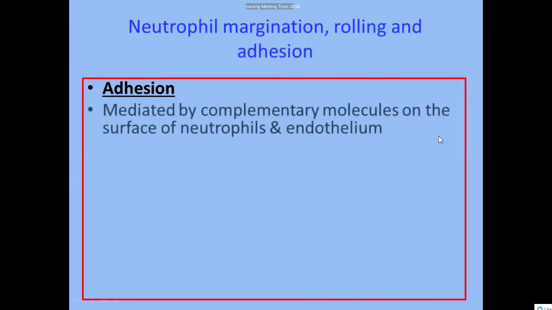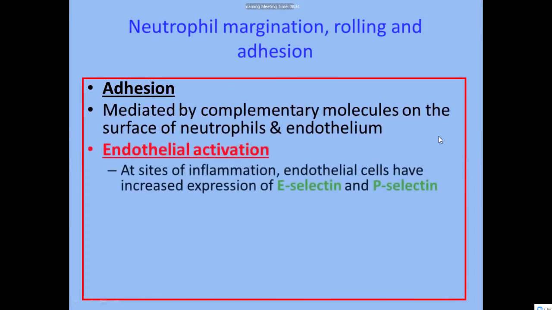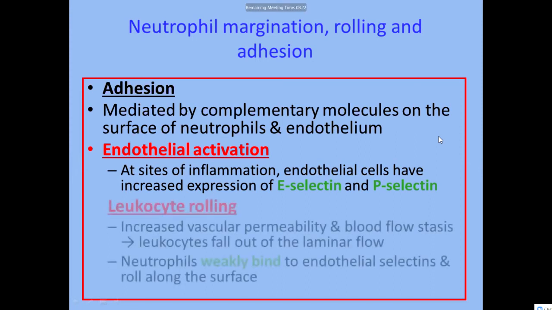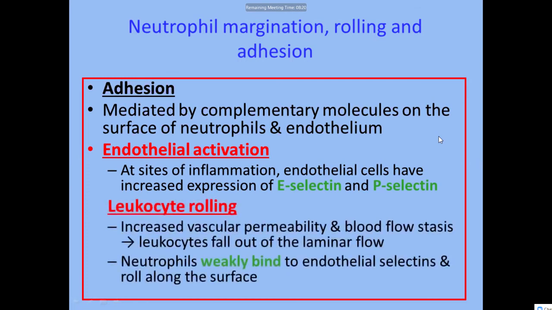So adhesion is mediated by complementary molecules on the surface of neutrophils and endothelial cells. Endothelial activation, this is just a summary of what I have told you. At the site of inflammation, endothelial cells express E-selectin and P-selectin. Leukocyte rolling is brought about by increased vascular permeability and increased blood flow.